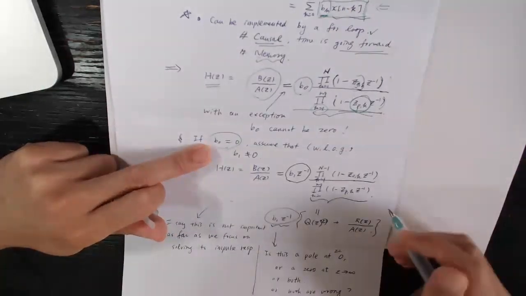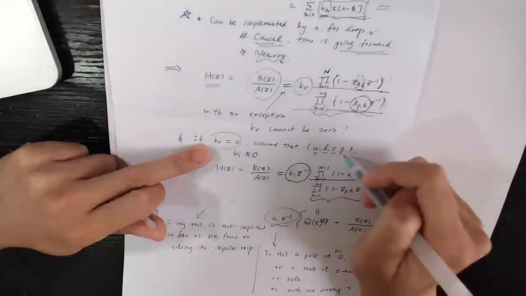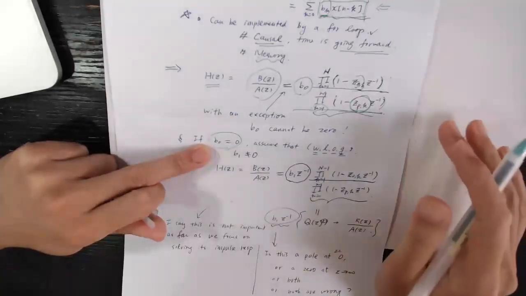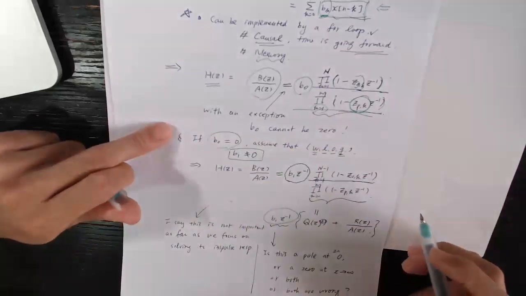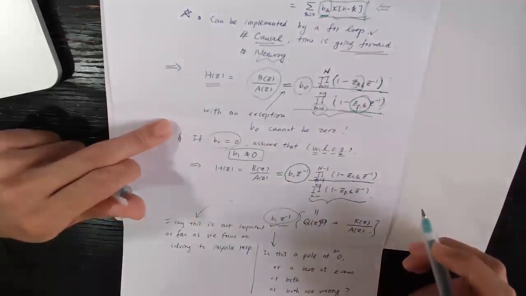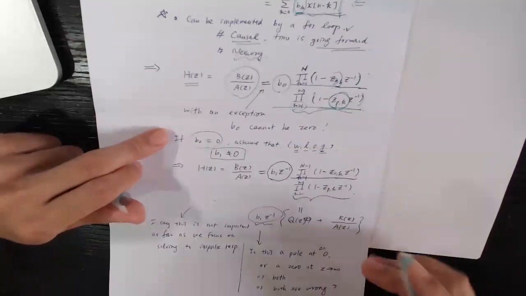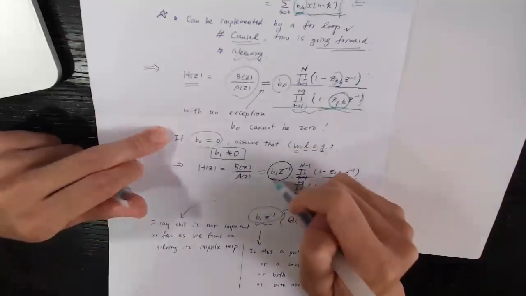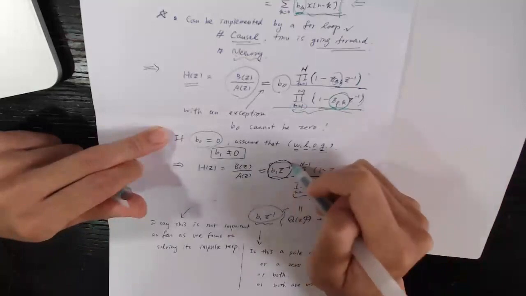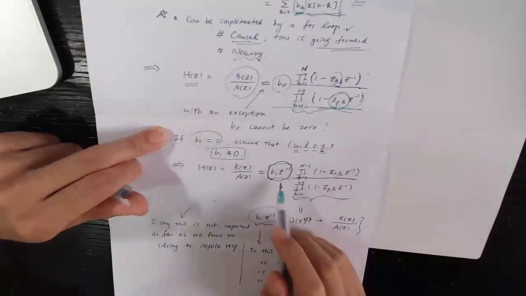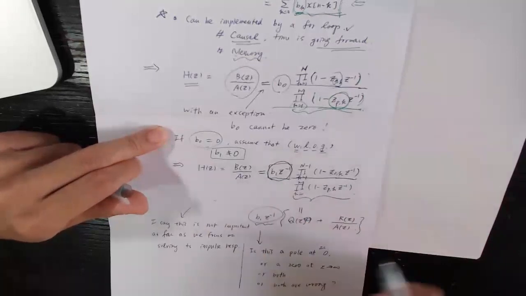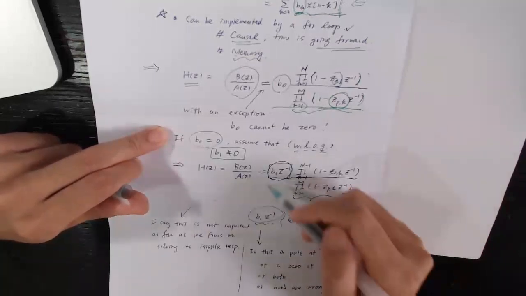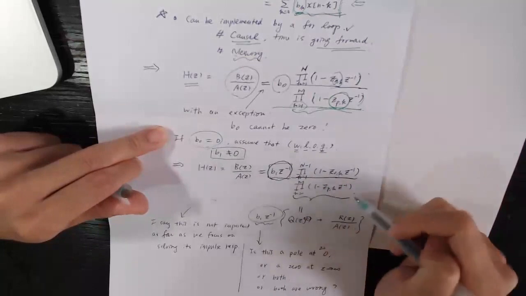If that happens, then without loss of generality, let's assume that at least b1 is non-zero. If b1 is non-zero, then what we can do is factor out, or move outside the parenthesis here, b1 z inverse. Everything else is still the same.